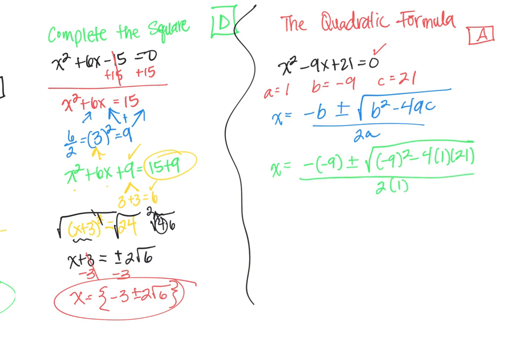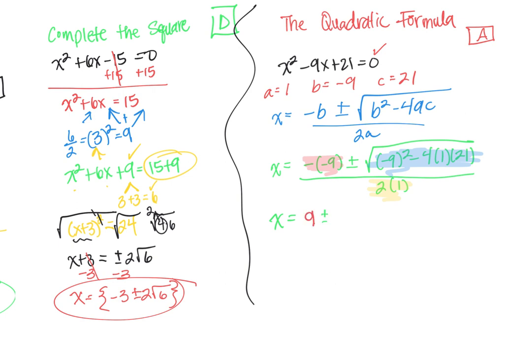We're going to simplify this down. We'll simplify our -b value, simplify underneath our radical, and simplify our denominator. So what is x equal to? Our -9 becomes +9.